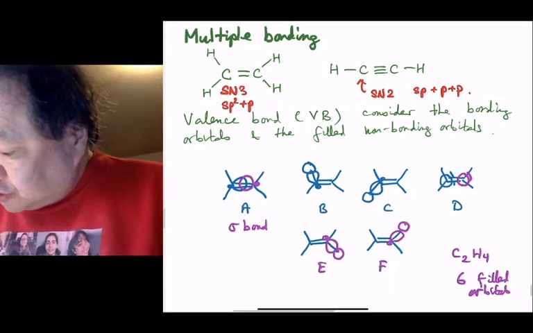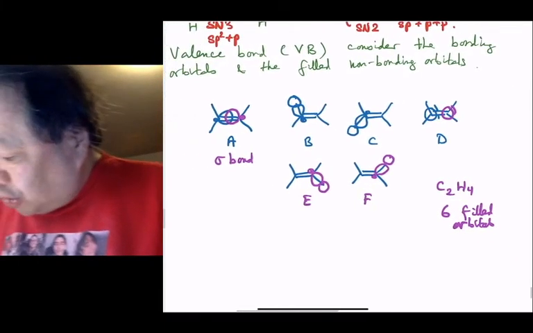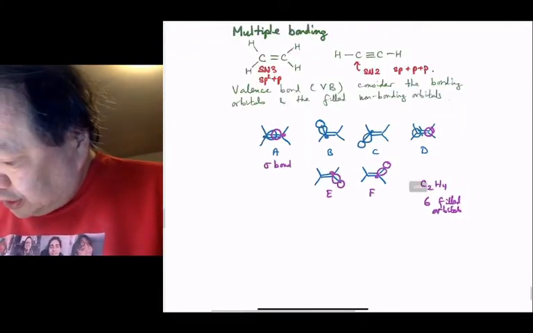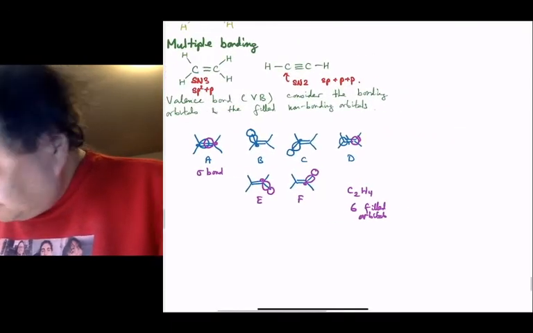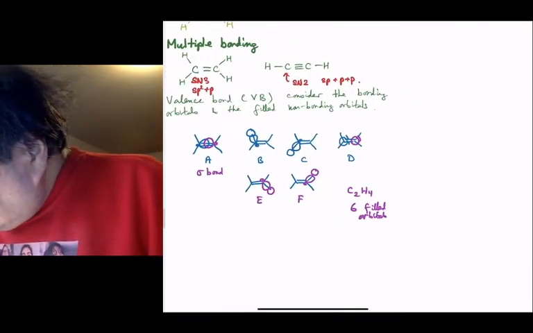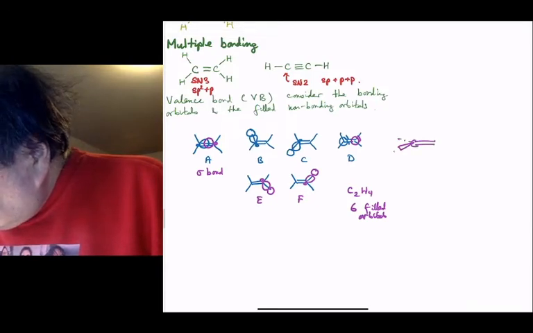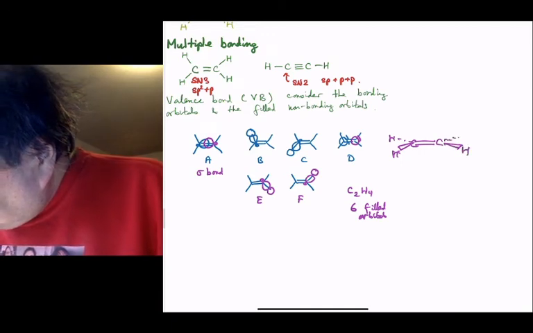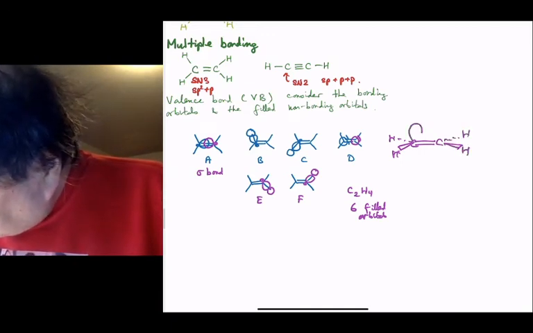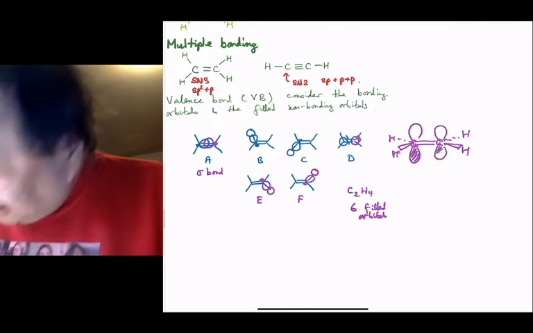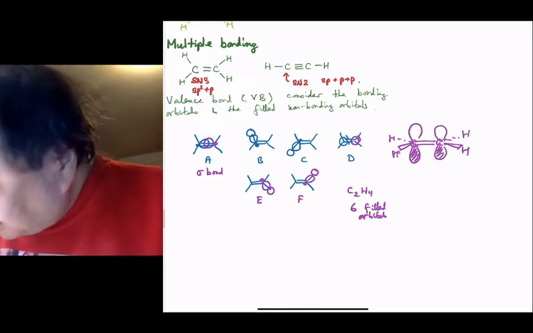And it's very common to redraw this D in a different format. Here, I'll put it right here. Here, I'll put the 2 carbons, the hydrogen, so we can see what we're talking about. And if I rotate it, chemists like to show that it's a pi bond.